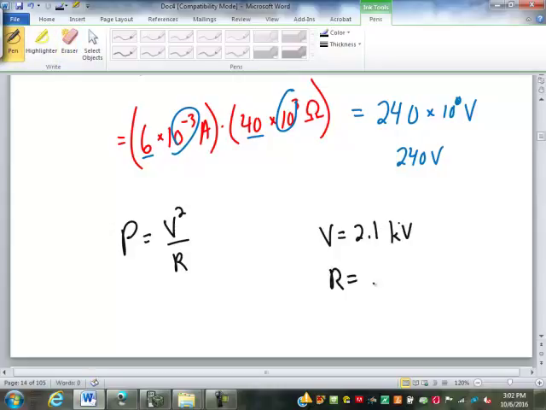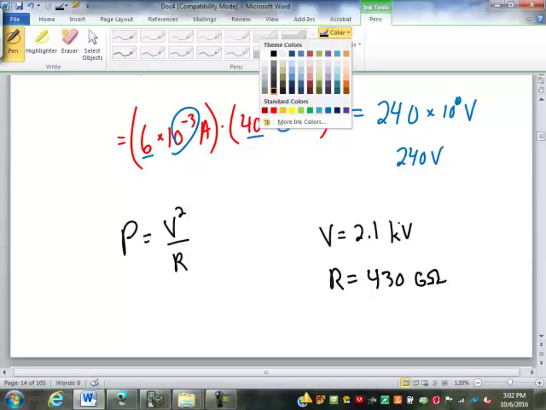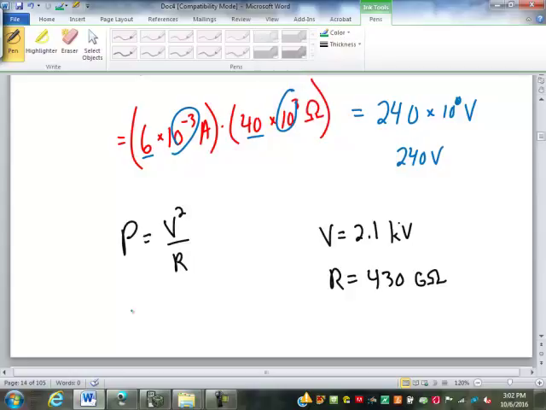And we have a resistance of, let's see here, 430 giga ohms. So now what's going to go on top of this? 2.1 kilo is 10 to the third. That's going to be squared.